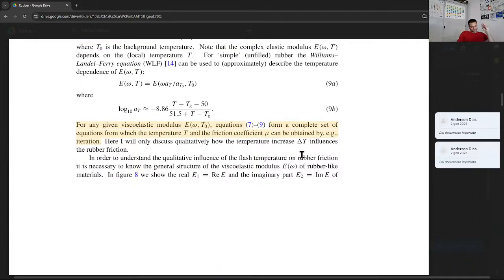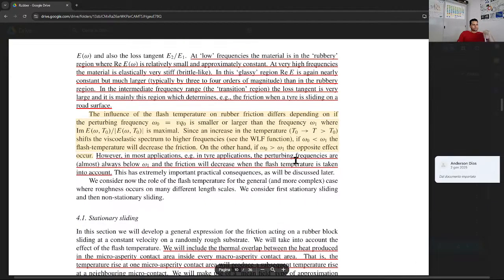Omega 1 is the frequency caused by the upper bound wave vectors, where the imaginary part of the complex elastic modulus, now as a function of temperature, divided by the real part is maximal.